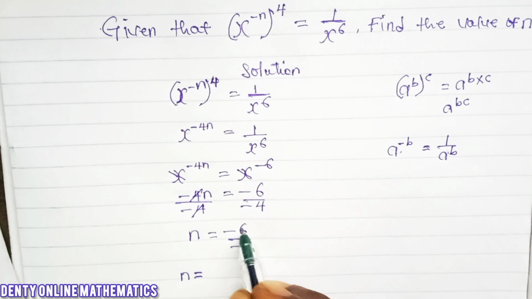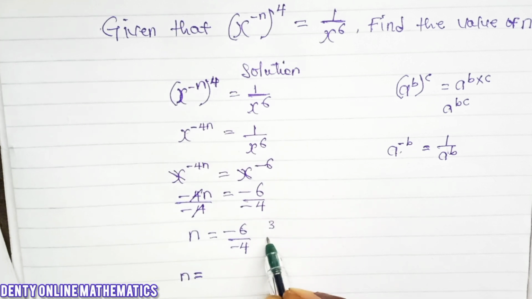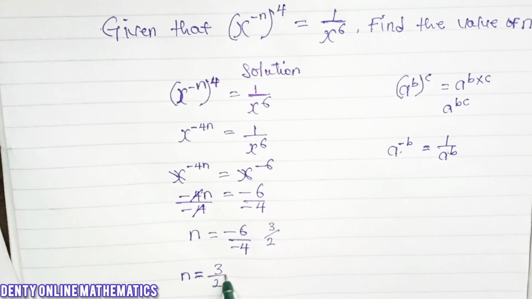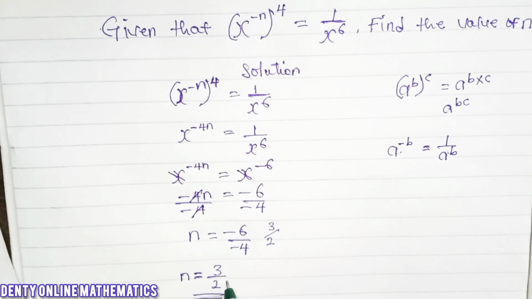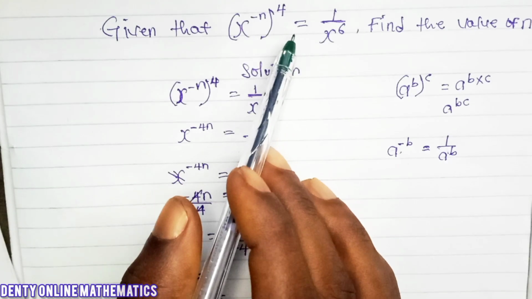Now 2 will go into 6 3 times, 2 will go into 4 2 times, so we can have our n to be equal to 3 over 2, and that's the value of n that will satisfy the equation we have here.